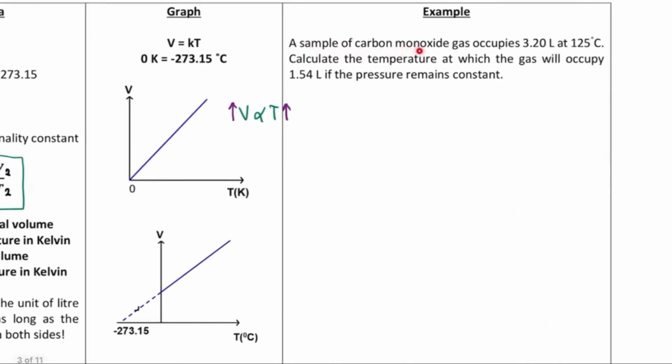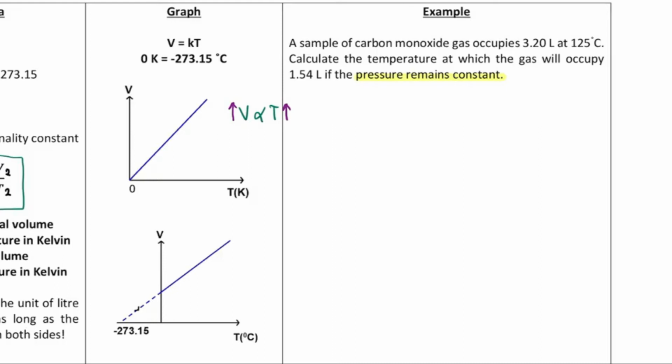Next, kita tengok example. A sample of carbon monoxide occupies 3.20 liter at 125 degrees Celsius. Calculate the temperature at which the gas will occupy 1.54 liter if the pressure remains constant. So the words pressure remains constant means ini adalah Charles's law.